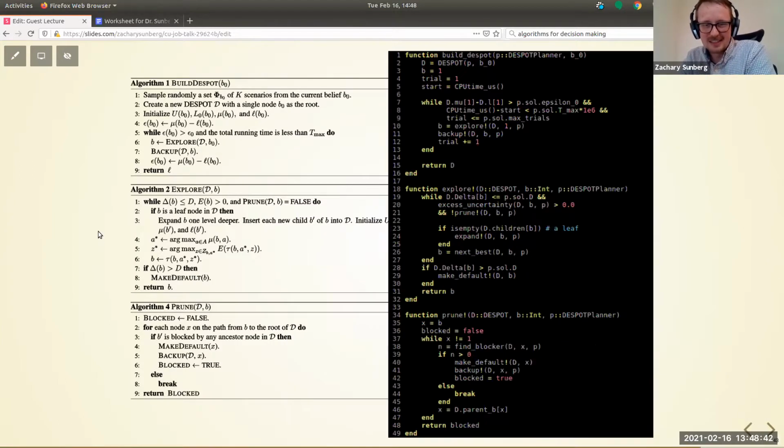And then this is the Julia POMDPs.jl implementation. As you can see, it almost matches up line to line with these functions over here. And it's super easy to dive into, see exactly what it's doing, verify that it's doing what you think it is, and modify it. So we're pretty happy with that.